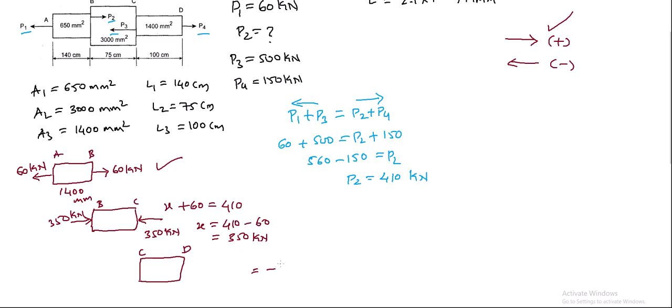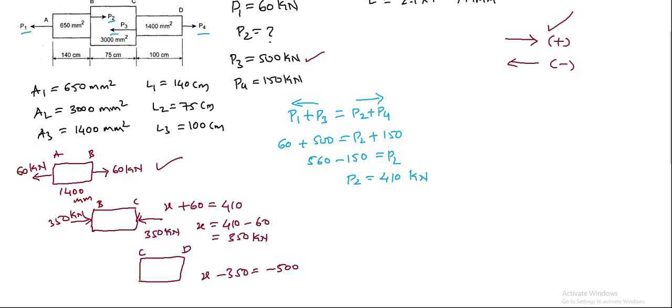So minus P3, whose value is 500, so minus 500. And on this face it is 350, on the face of plane element BC it is 350. So again that is towards my left, minus 350.